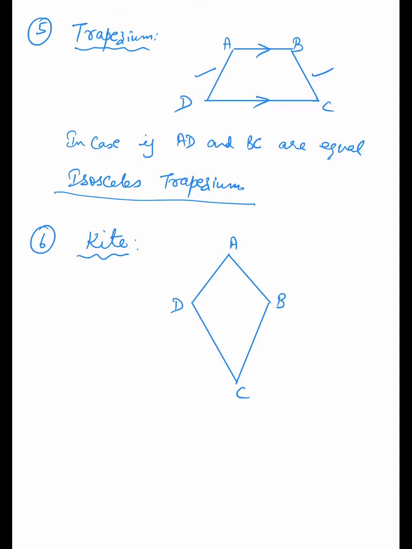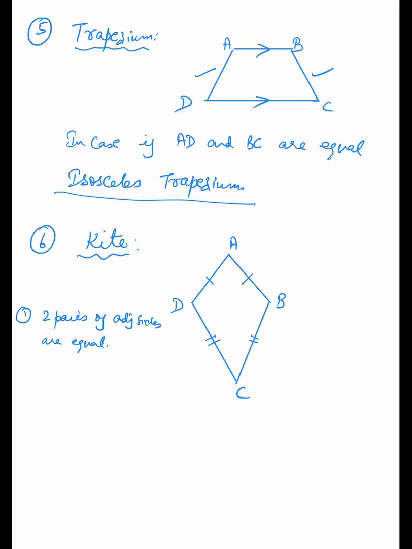Here, can I say AD and AB are equal? And these are two adjacent sides of a kite. Similarly, BC and DC are equal. These are also adjacent sides of a kite. So in a kite we say there are two pairs of adjacent sides that are equal. Okay, two pairs of adjacent sides are equal.